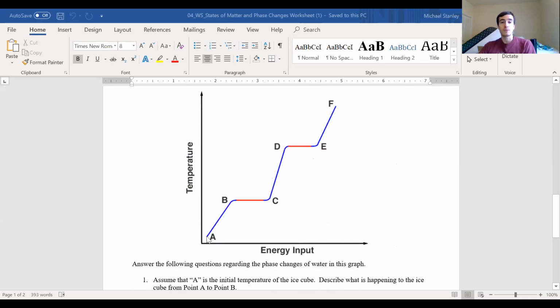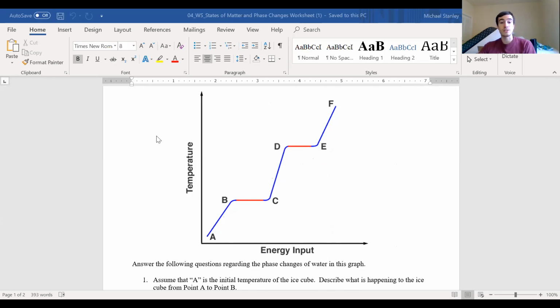And then finally, we have this heating diagram, like we were looking at a little bit ago, labeled from A to F with the energy on the x-axis down here and the temperature on the y once again.